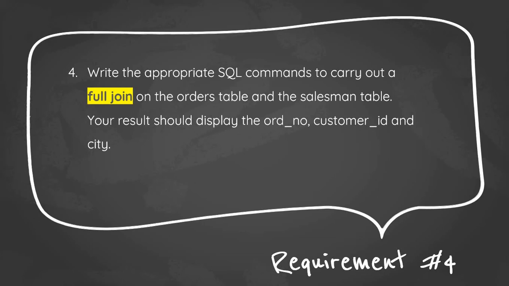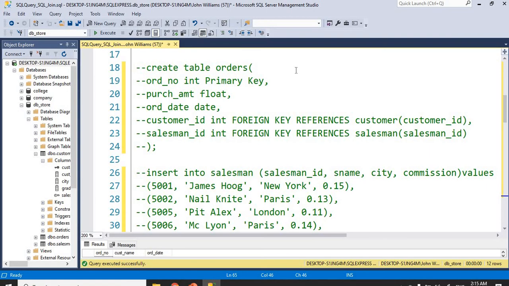Now I'll show you, once I switch back to the SQL Server Management Studio screen, where the salesman ID is a foreign key in the orders table, which means that salesman ID is the best matching column to use to join both tables. If we look at the creation of the orders table, you realize that the salesman ID is a foreign key in the orders table.